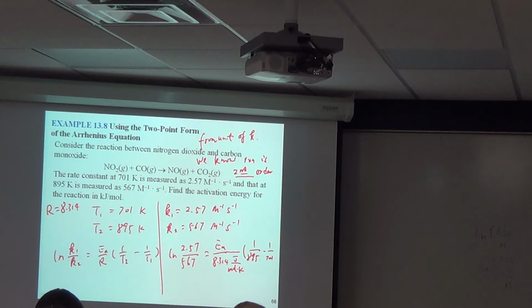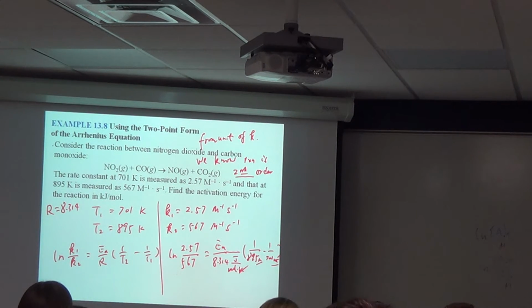Both of them have Kelvin in it, and this Kelvin will come out. You agree? These two terms together.